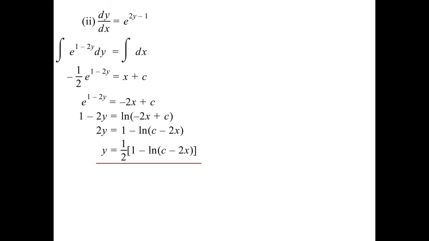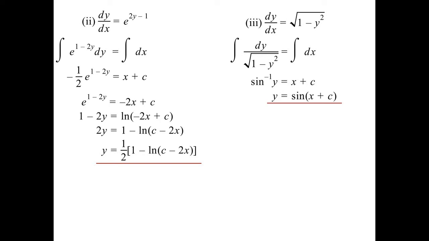And playing around with it, eventually, there it is. y equals a half, 1 minus the log, but this time our constant's inside the log itself, so constant minus 2x. Square root of 1 minus y squared. So integral dy on the square root of 1 minus y squared is integral of dx. That's an inverse sine function, so we end up with y equals the sine of x plus a constant.